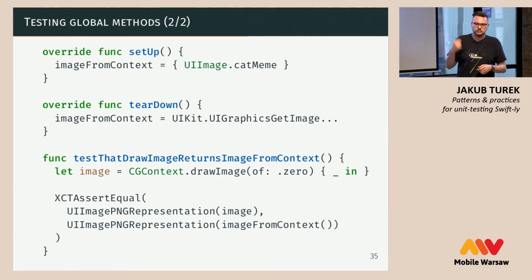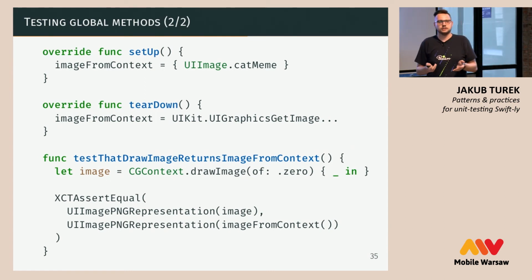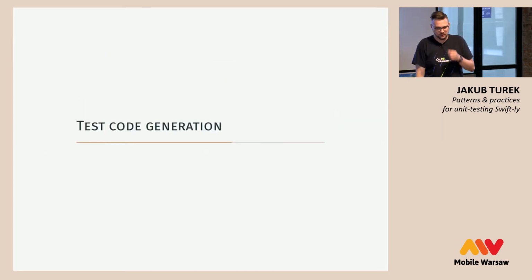And then you can easily test code that uses global methods. Because in here, when you call drawing image, it will always return the same image as is returned from this global closure that stores the work we are doing. So that's a pretty neat trick that we can use.